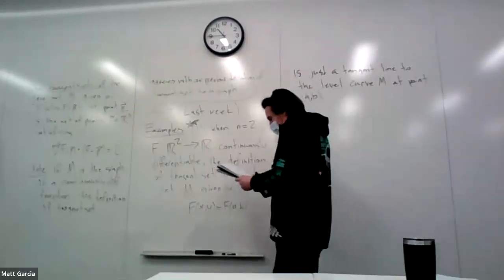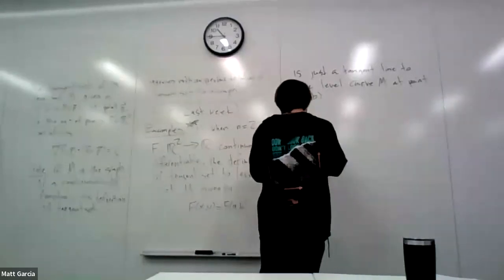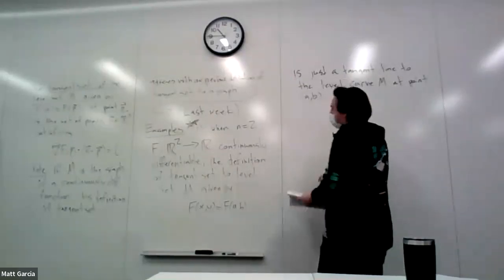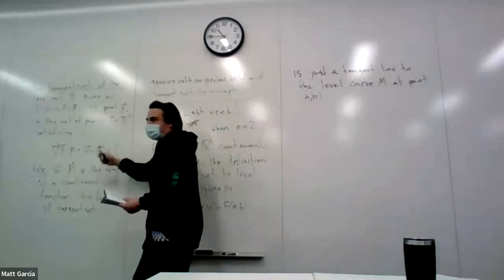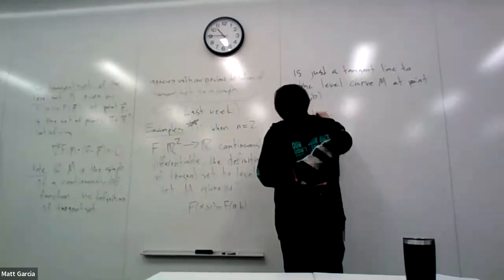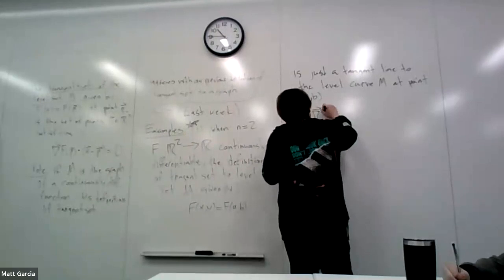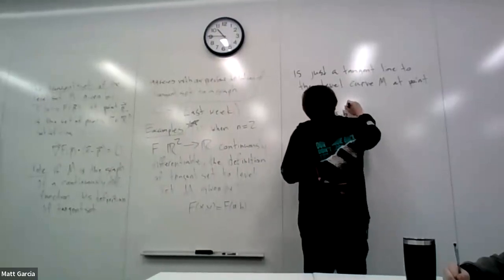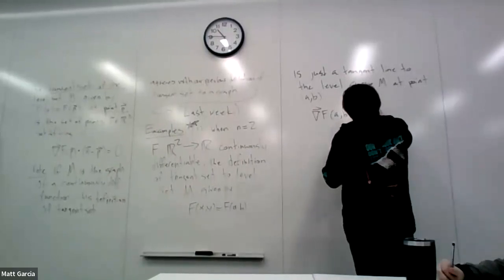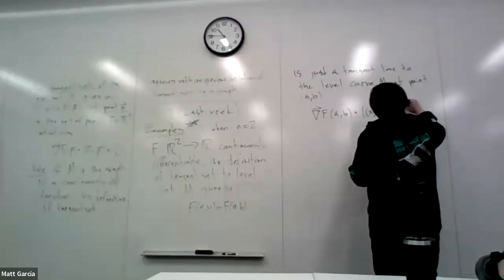Okay, so let's write this out explicitly in terms of the formula that we have. We get the gradient of f evaluated at a comma b dot x y minus the point a comma b.